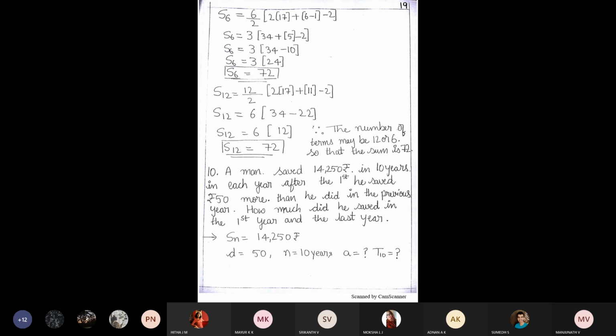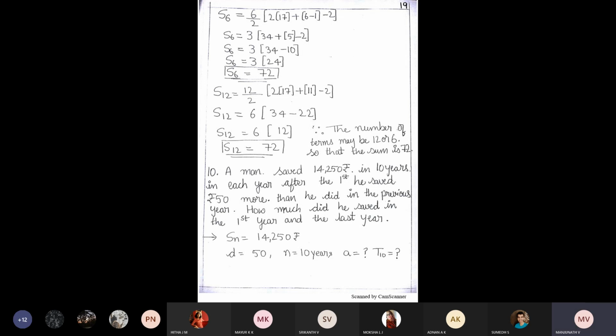I'll read it for you. A man saved rupees 14,250 in 10 years. In each year after the first, he saved rupees 50 more than he did in the previous year.